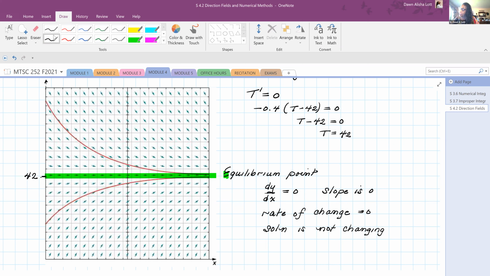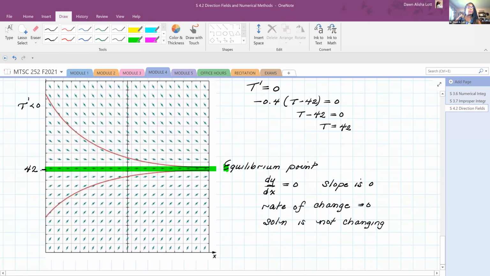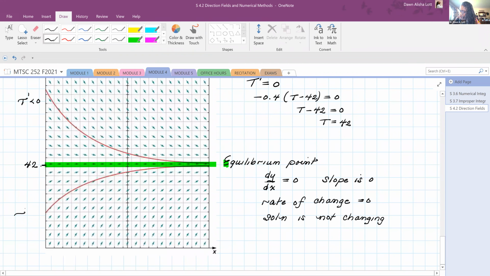Above T equal to 42, T prime is negative, and note that the solution is decreasing down to T equals 42. Below it, T prime is greater than 0, so the solution is increasing to T equal to 42.